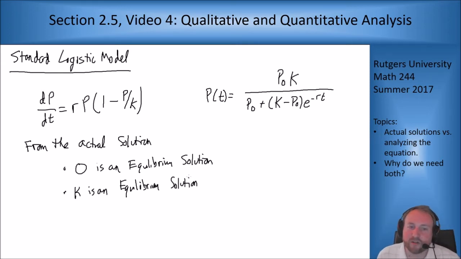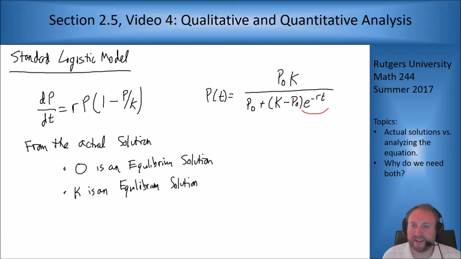We can also look at the stability of these solutions in the sense that if we assume that P naught is not 0 or K, what's going to happen as T gets really big? Well, as T gets really big, this term here is going to go to 0. Right?